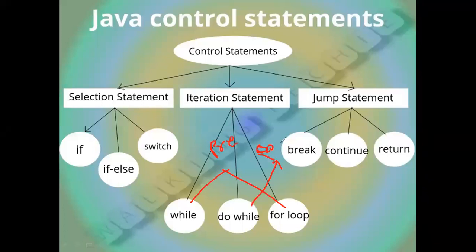Why are we calling while and for pre-test, and do while post-test? Let us see for what purpose we are using these iteration statements.